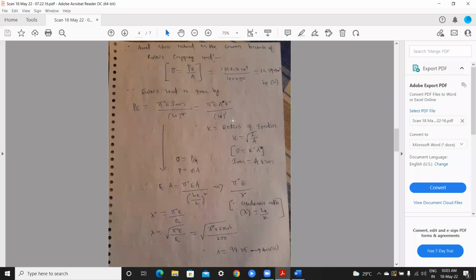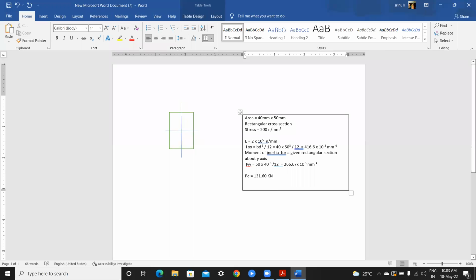Now, the axial stress induced in the column because of Euler's crippling load will be sigma equals P by A, as we already know stress is equal to force by area.